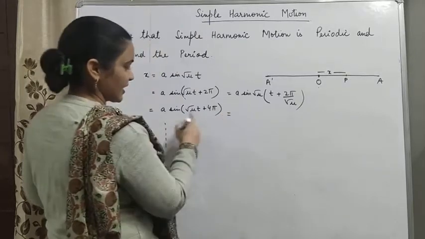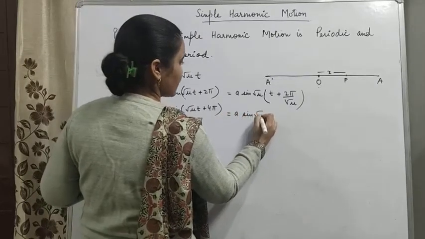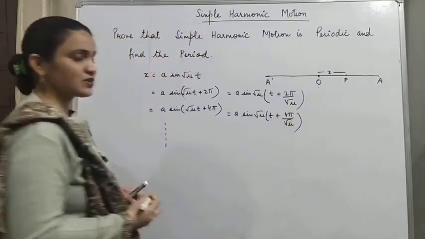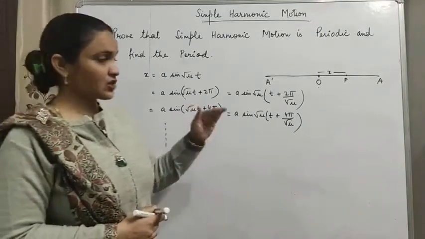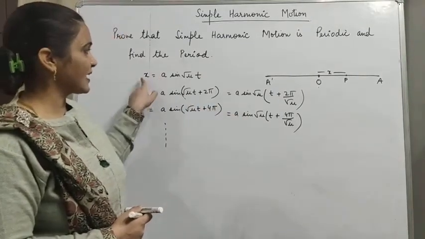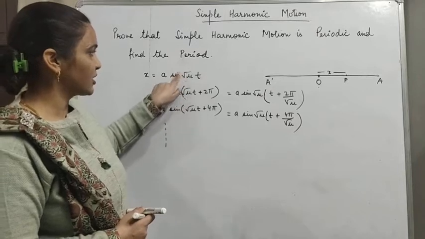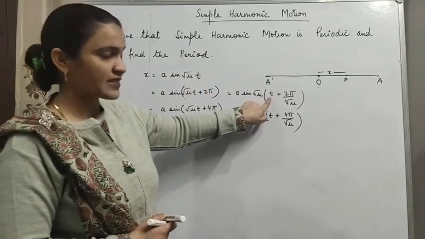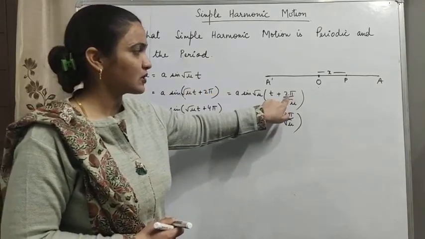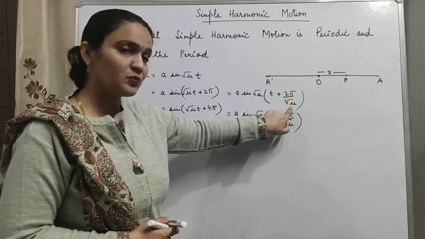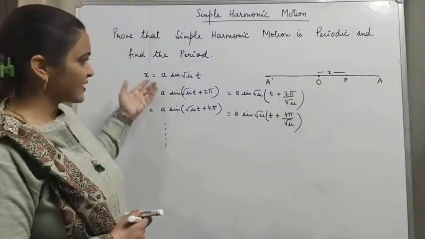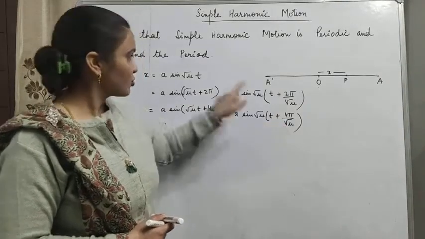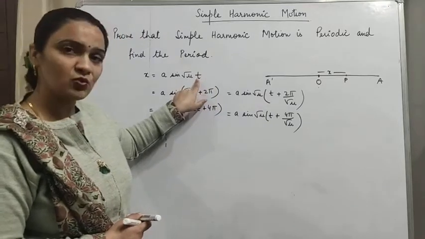This can also be written as a sine of root mu times t plus 4 pi by root mu. It means after what interval is the position the same? Earlier the position x was a sine root mu t; then the same position x came at t plus 2 pi upon root mu. After that, the same position x comes at t plus 4 pi upon root mu. So what is the interval? 2 pi by root mu.